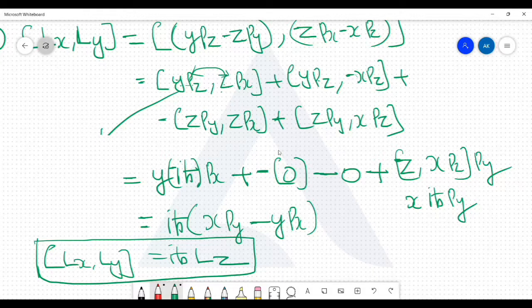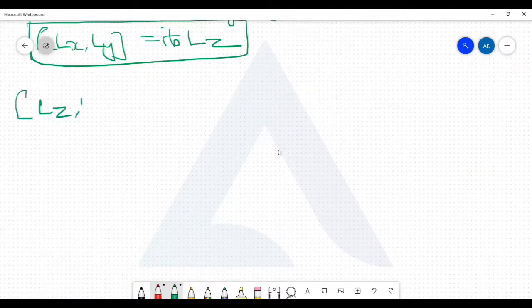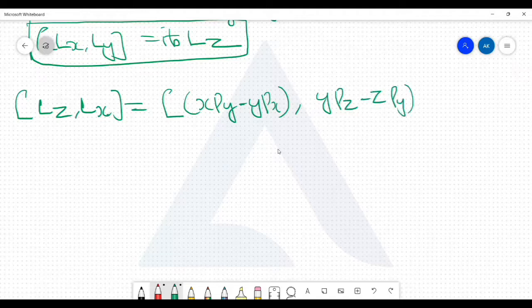Okay. Let me solve it. I have Lz with Lx. Lz will be x py minus y px, commutator with Lx, therefore y pz minus z py.